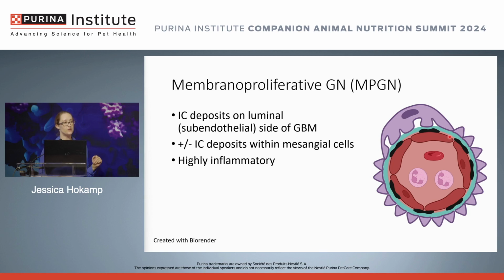And we also potentially have immune complexes within those mesangial cells that were in the center of the glomerular tuft. Compared to membranous, this is a highly inflammatory form of ICGN. The immune complex proximity to the vasculature drives inflammation very heavily.